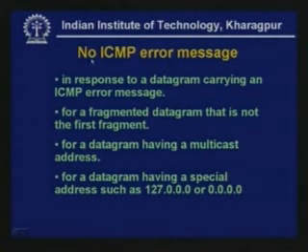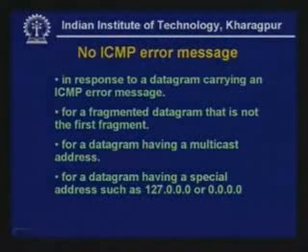But please note that no ICMP error message will be generated in response to a datagram carrying an ICMP error message. That means that when somebody has generated an ICMP error message and it is travelling back to the source, and that itself gets an error, that itself may have to be dropped on the way. In such cases, we do not generate another ICMP message.